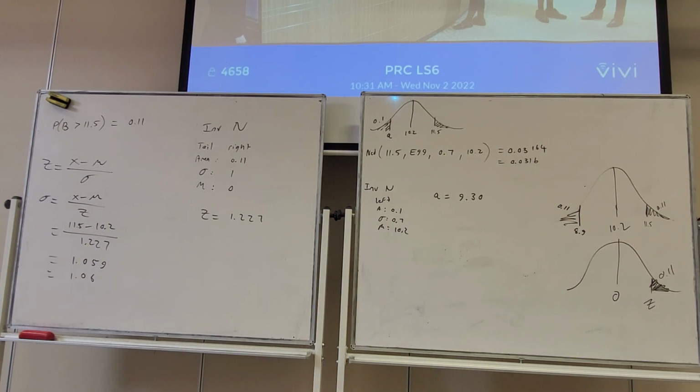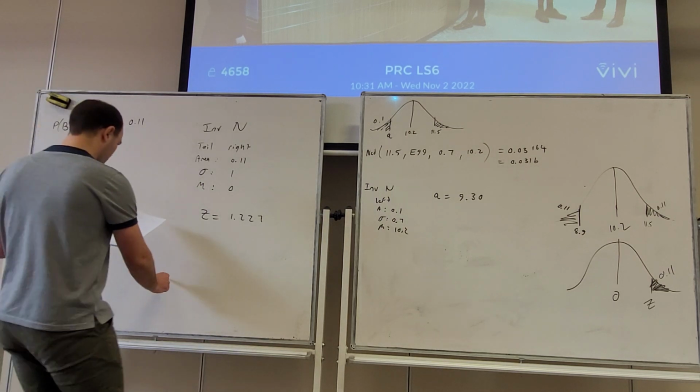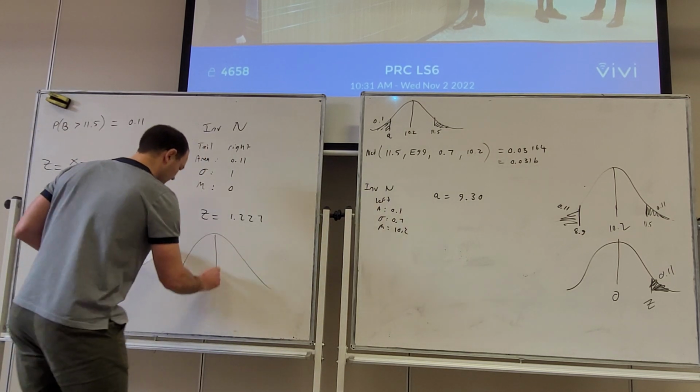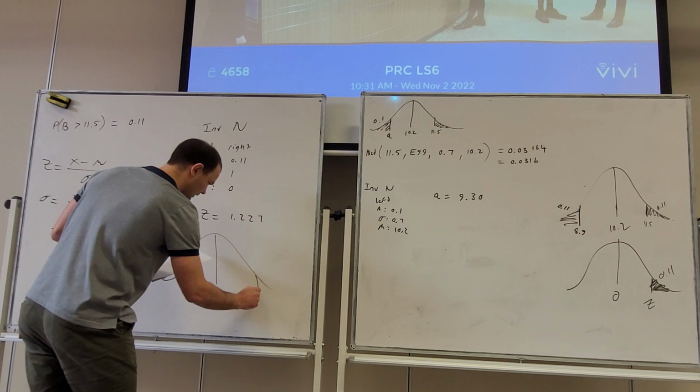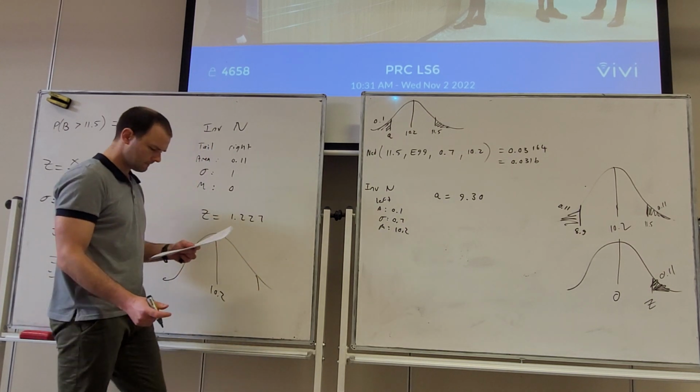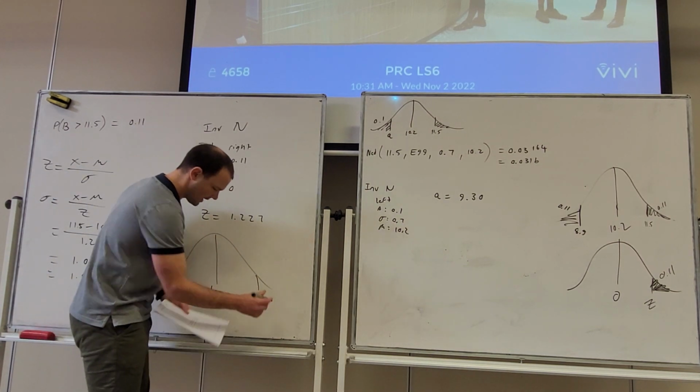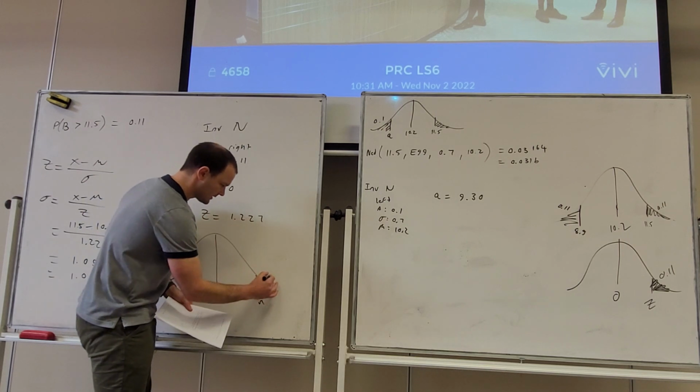We've got C. Now we've got the distribution C. C also has a mean of 10.2, and it is known that the proportion of C that is heavier than 11.5 is 0.087. So here's C, here's its mean, here's 11.5, and we have an area of 0.087.